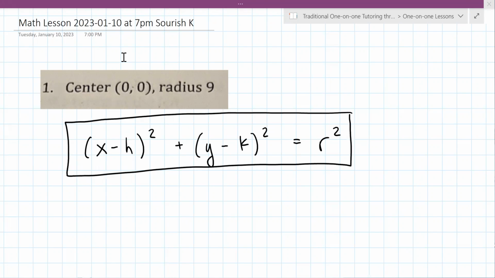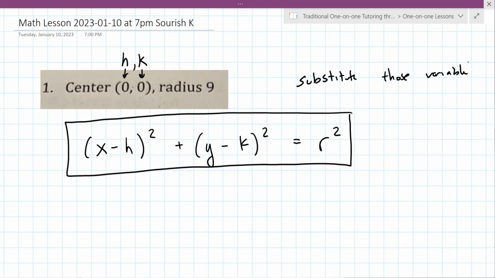All right. Now the center is h followed by k. So in your first problem, h is this first 0 and k is this first 0. The reason that's important is we're going to substitute those variables.